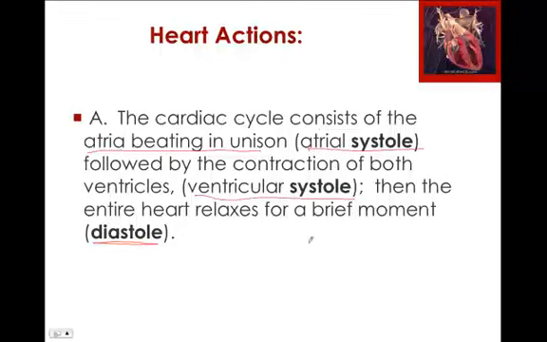So again, we go from atrial systole, atrial contraction, then after the atria relax, we go to ventricular systole, okay? And that's where the ventricles contract. And then for just a brief moment, the heart is completely relaxed in diastole, before the atria contract again.